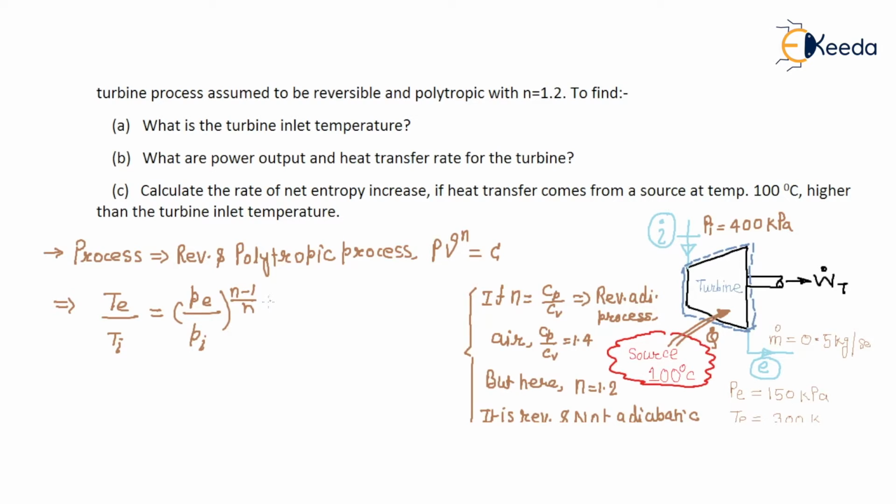Here Pe is given 150 kilopascal, Pi is given 400 kilopascal, n is given 1.2, and also Te is 300 Kelvin. So you can easily find out the temperature at inlet to the turbine, and this is 353.3 Kelvin.